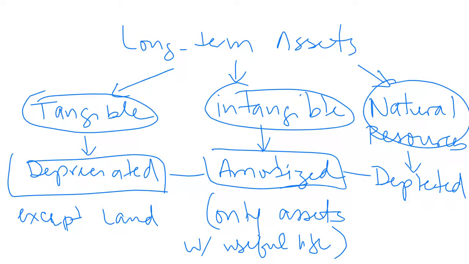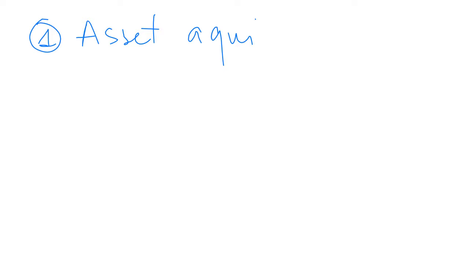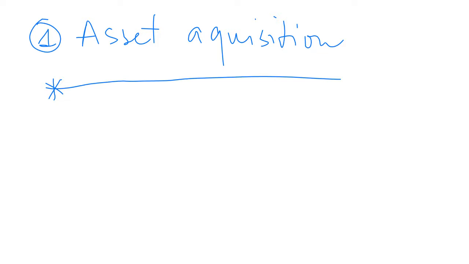So from an accounting perspective, we need to account for several things. The first thing we need to account for is the asset acquisition. The asset acquisition is the point on the timeline when the company buys the asset. This is the first time the company will account for the asset.